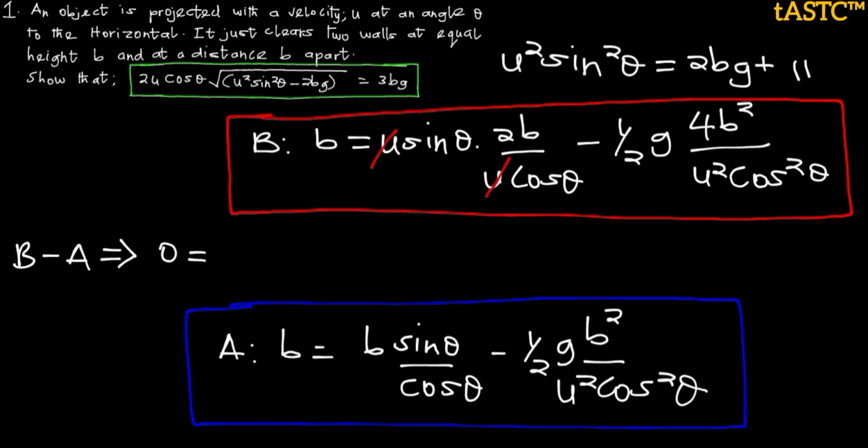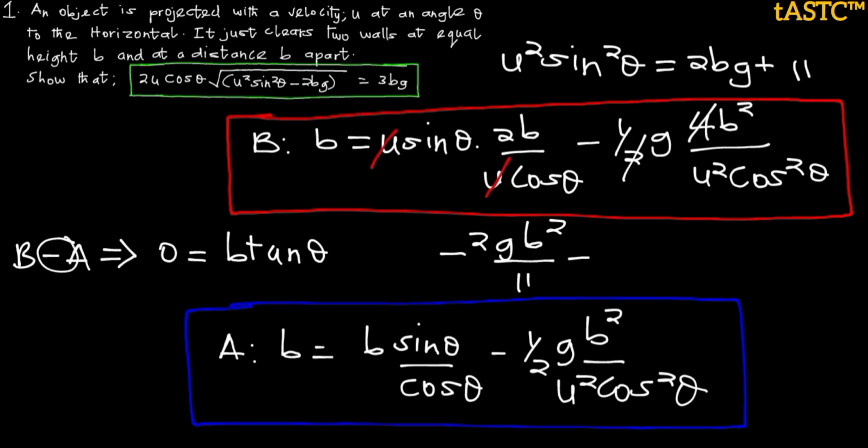So here we got b tan theta. Now on this side we got 2 canceling into this. So this should be a 2gb squared divided by whatever we have there. This is a minus, so I need to place a minus there. And this will be minus because we need to have a minus here.